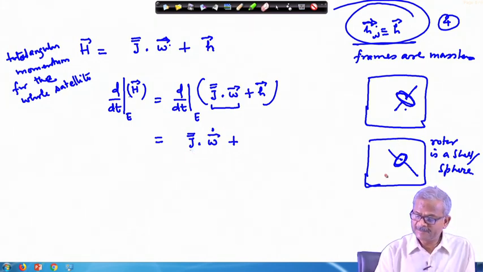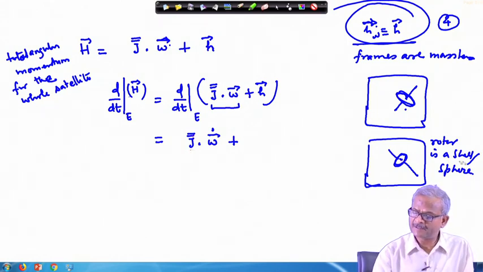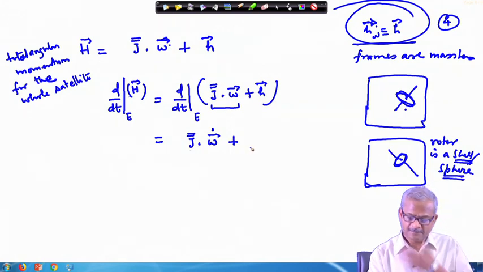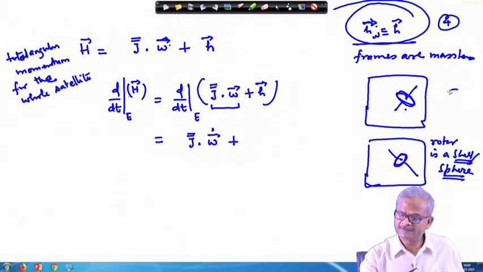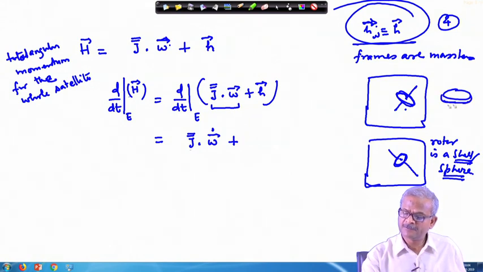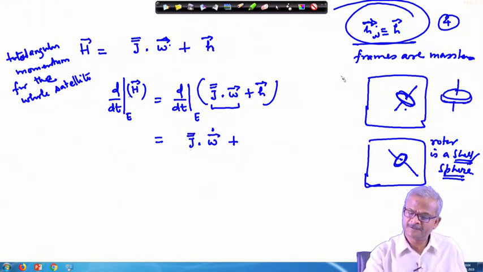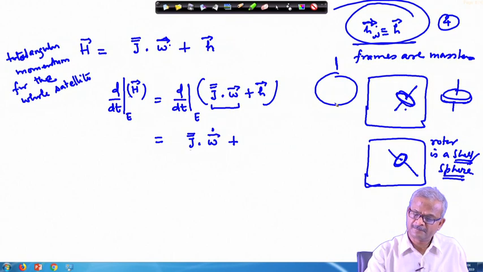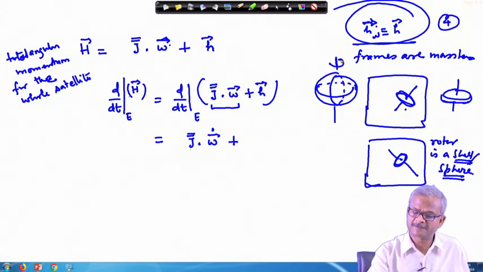So, for simplicity it is assumed that this does not change, and it can be the case where it is a shell or a sphere. So, instead of a wheel, meaning instead of a disc, you are using a sphere which looks like this. So, this is a sphere, and it is rotating on this axis.